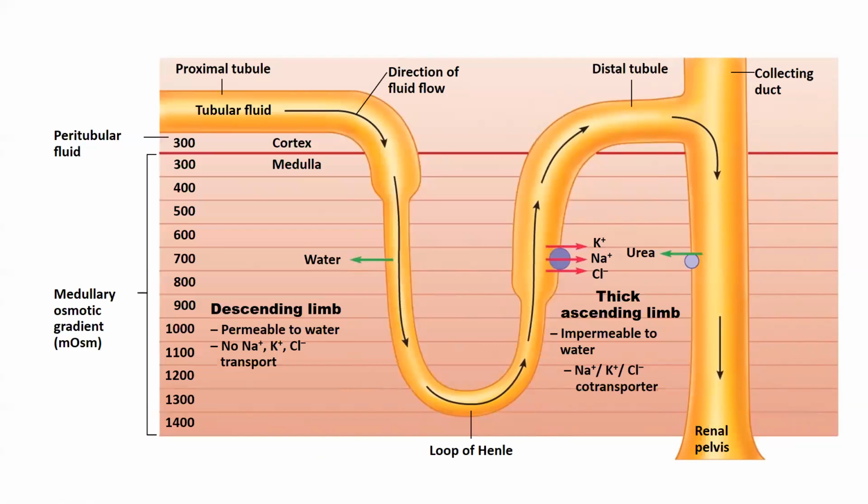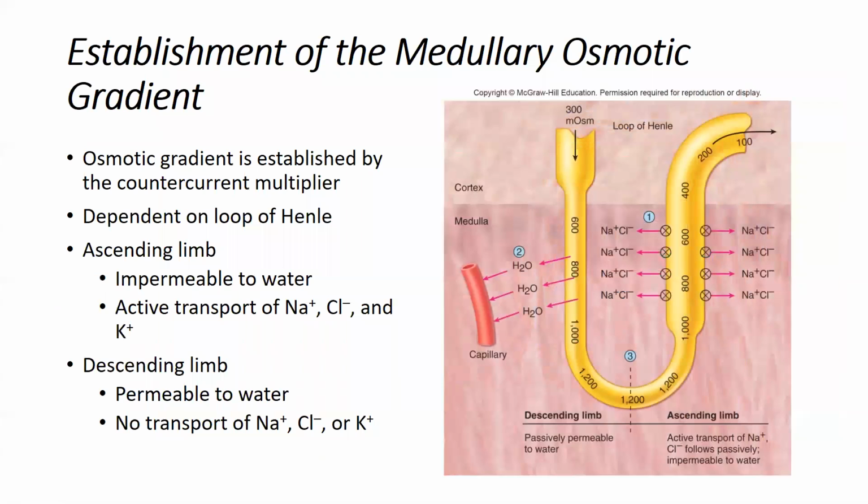And we'll talk more about why as we go on. But I want you to bear that big picture in mind. Water only moves on the descending side, salts only are moving on the ascending side, but they're really tying into each other, they're feeding into each other. Right? This is the countercurrent multiplier mechanism that we'll talk about as we go on. Okay?